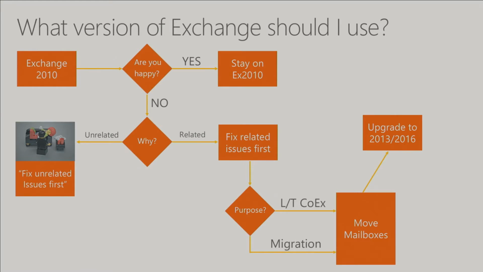Alternatively, you could also just migrate them, move the mailboxes, and then upgrade to 2013 or 2016, provided that you're on 2010. If you're already on 2013, it doesn't really matter, just use whatever is there. Now, there are scenarios where you might want to upgrade first. Especially coming from 2010, it's a really important question to ask, because the upgrade from 2010 to 2013 is one that requires a lot of work, right?